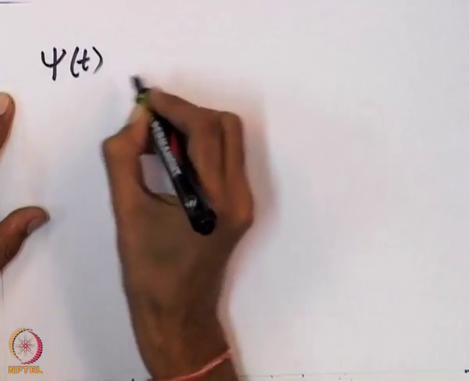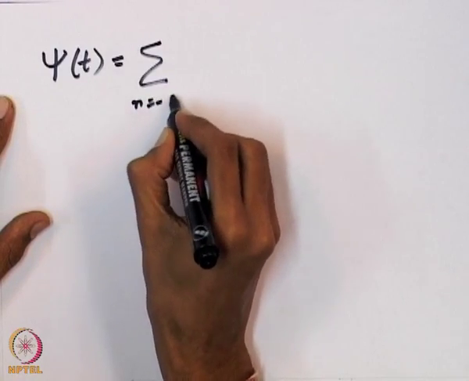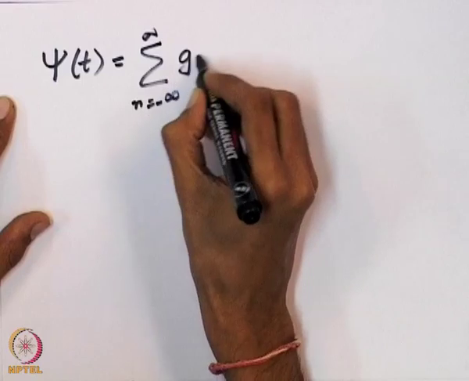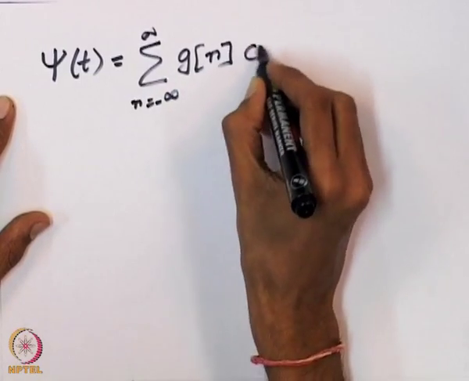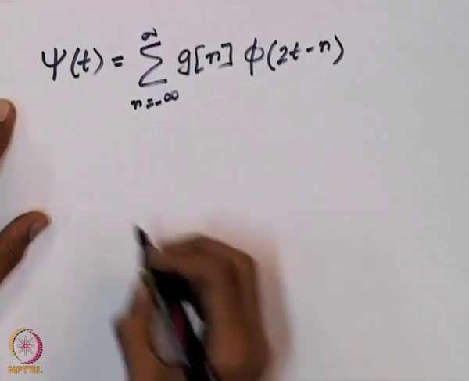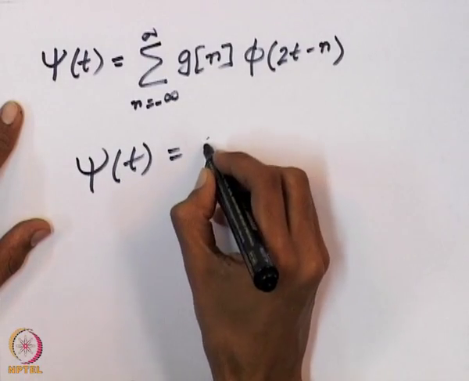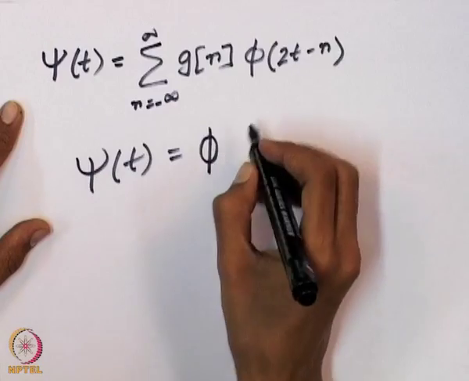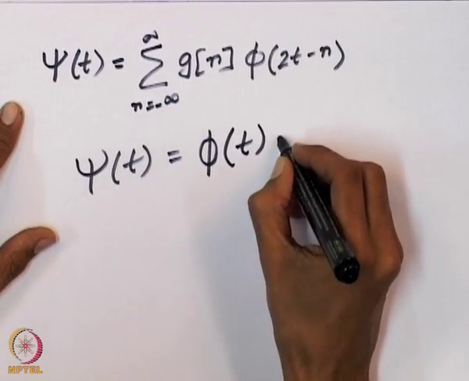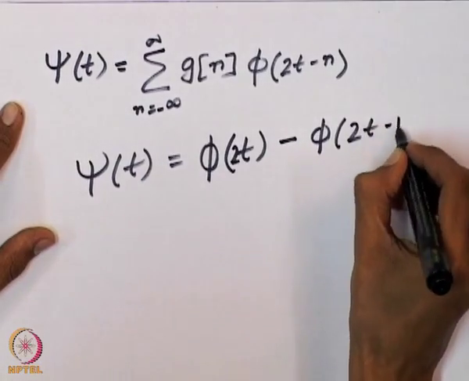Next, we will move on to how we generate the wavelet function. So, we have the wavelet function given by this expression psi of t, n going from minus infinity to infinity, g of n phi of 2t minus n, and psi of t we can find from phi of 2t minus phi of 2t minus 1.